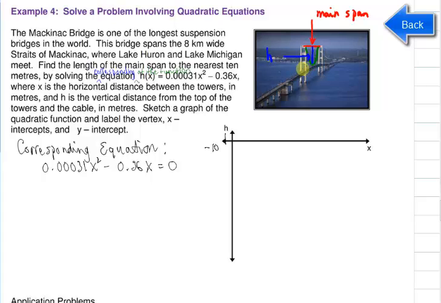So I made an estimate of approximately 1,500 meters, which is 1.5 kilometers. So I used a scale on my x-axis of 100, and I went up to 1500 meters. So 1, 2, 3, 4, 5, 6, 7, 8, 9, 10, 11, 12, 13, 14, 15. So there's your 1500 meters.